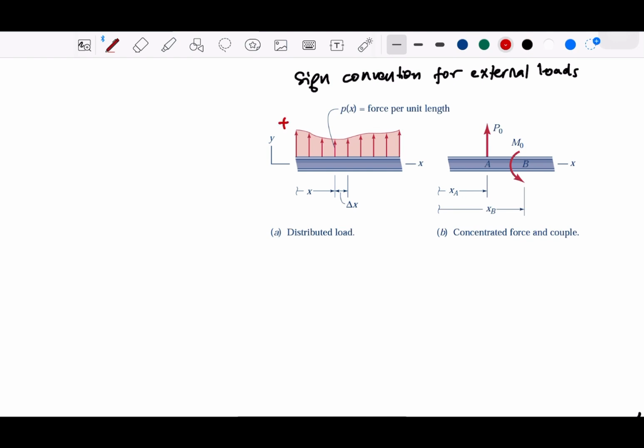Going in the y direction. And for the moment, the counterclockwise is considered as a positive external couple. So this is a positive external load, or positive distributed loads.